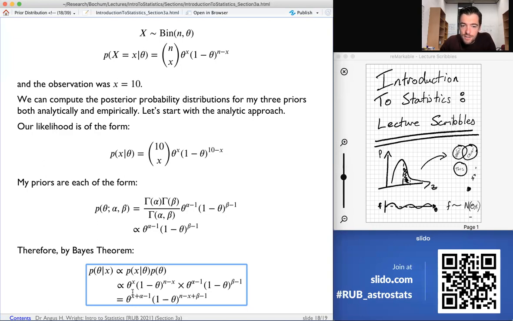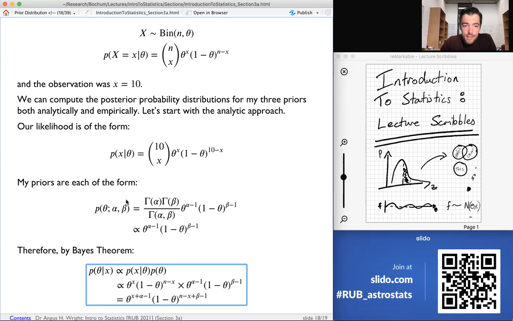Now this here should look familiar because we just looked at it here. This thing is proportional to a beta function where alpha is equal to x plus alpha and beta is equal to n minus x plus beta.